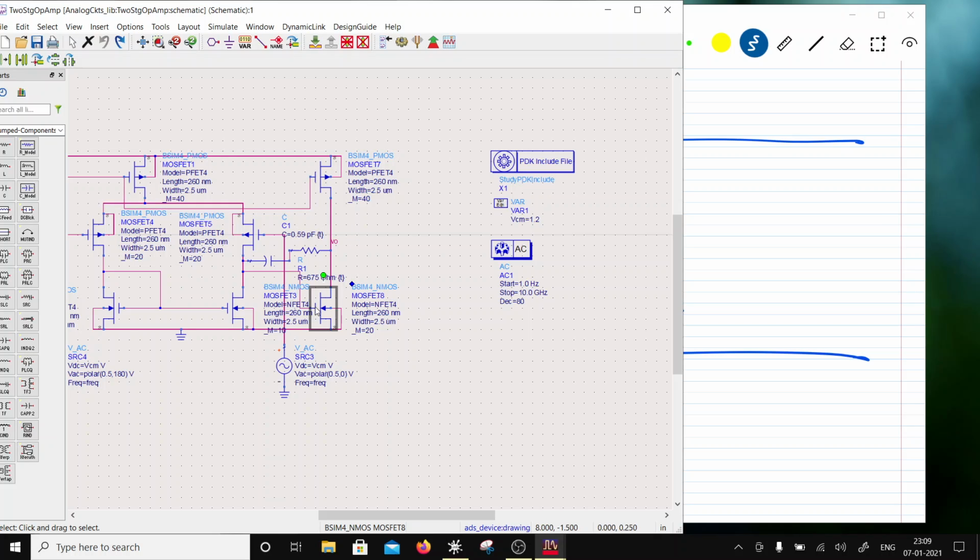The current which is supposed to flow to bias this common source stage will be swamped by the load RL, and that would result in lowering of its gain. So this two-stage op-amp is not good for driving a resistive load. For that you would have to put here a source follower.